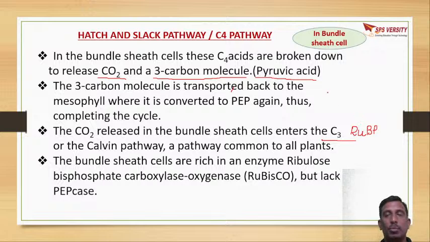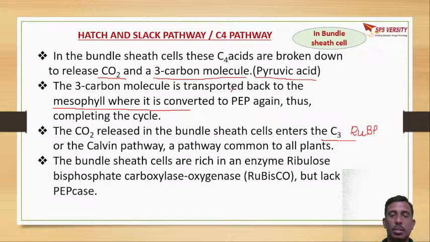Okay, 3 carbon molecule pyruvic acid, इसको क्या होता है? This pyruvic acid is again transported to mesophyll cell. So this CO2 which participates in Calvin cycle will form glucose.